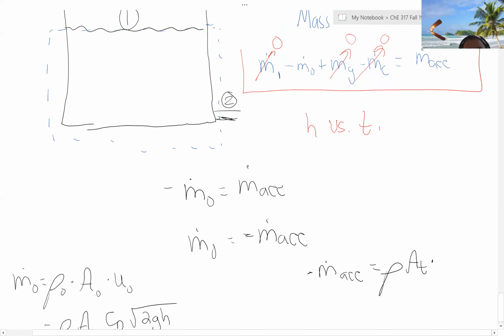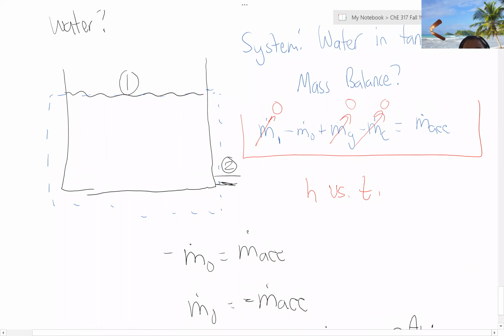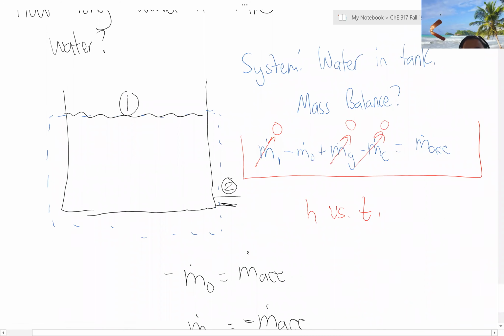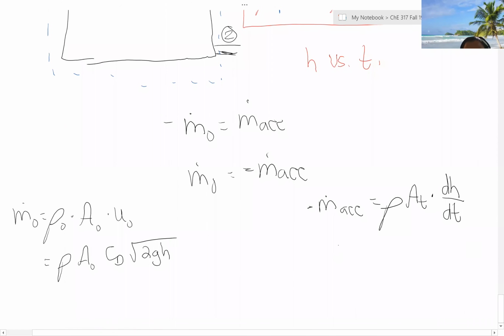Now, my fluid in my tank isn't necessarily going to have velocity, but how can I quantify my loss of fluid in my tank? Well, I can quantify it by saying it's the change in height of the fluid in my tank with respect to time, right? Which means my mass accumulated is equal to negative rho times the area of the tank times the change in height with respect to time.